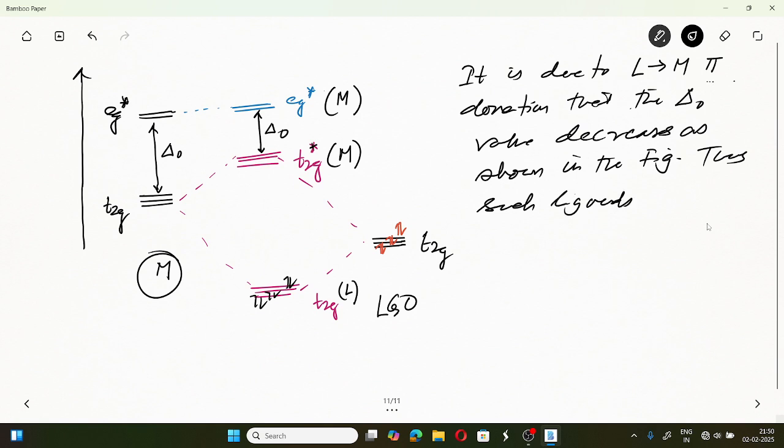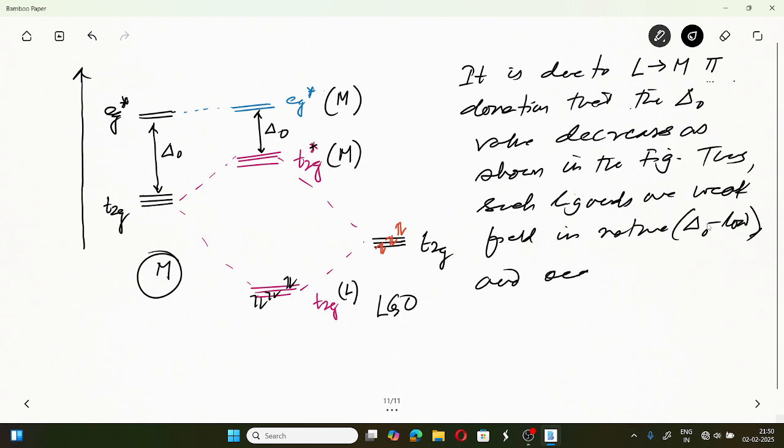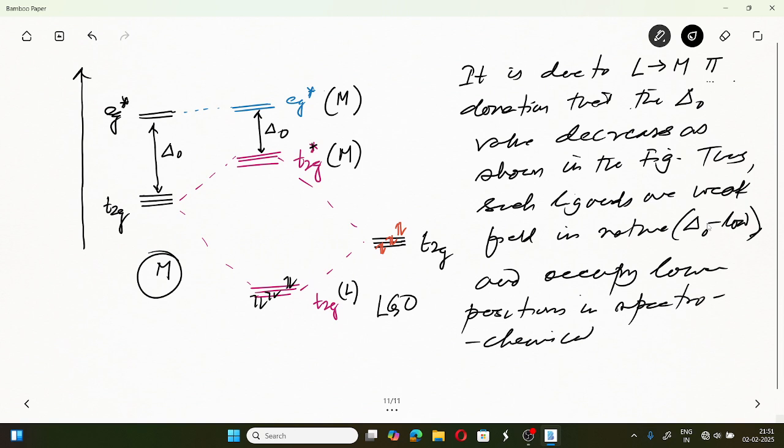Thus such ligands are weak field in nature. তাহলে এই যে ligands গুলো weak field in nature, কেন? ডেলো ভ্যালুটা লো হচ্ছে, তাই তো? Such ligands are weak field in nature and occupy lower positions in the spectrochemical series.